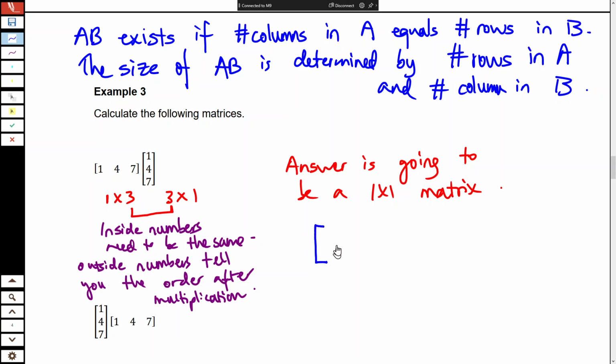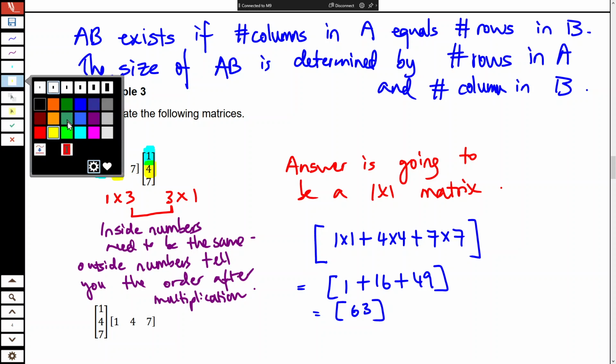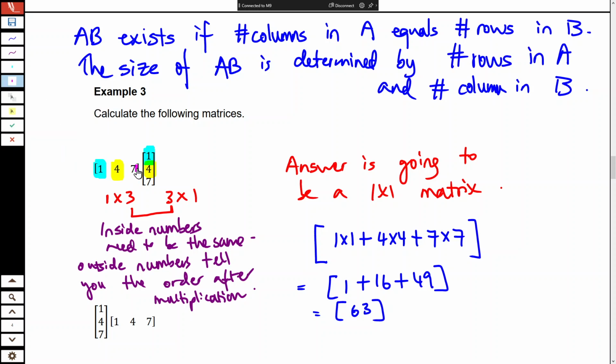So I'm going to have a matrix with 1 times 1 plus 4 times 4 plus 7 times 7. And I'll color code it for you.